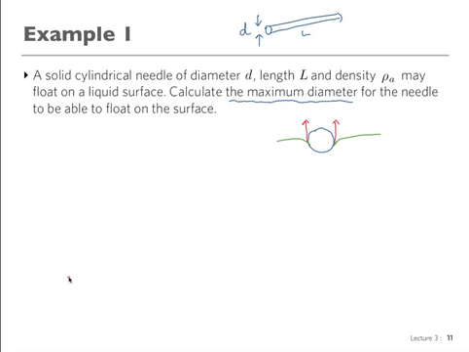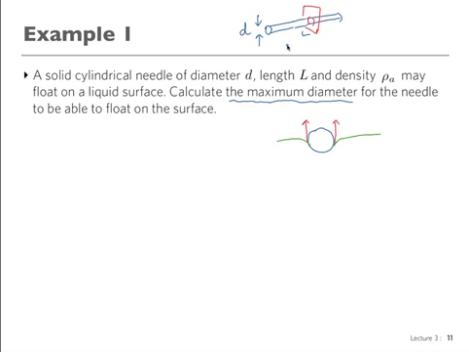Here I've drawn a cross section of the cylindrical needle, like that.